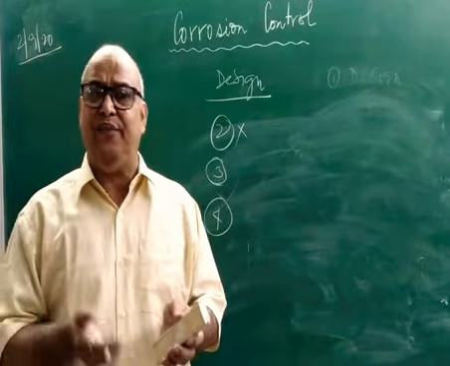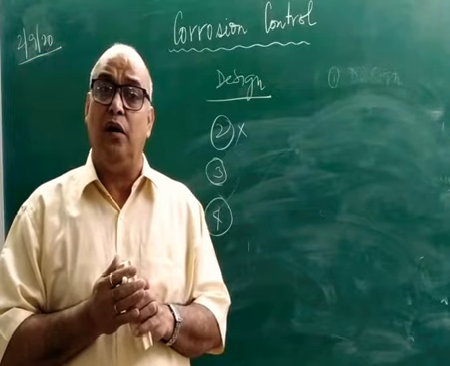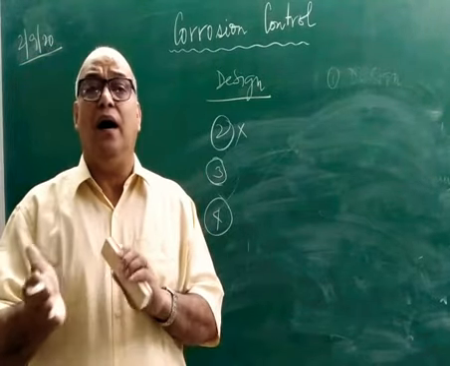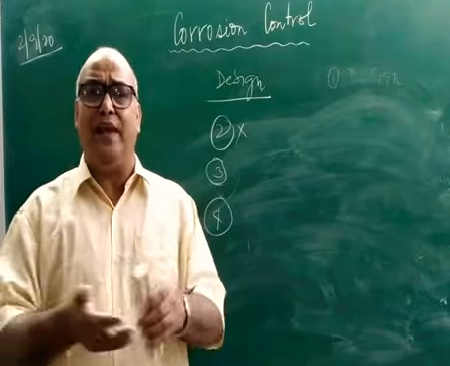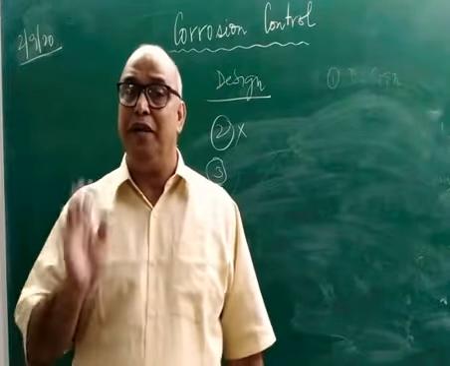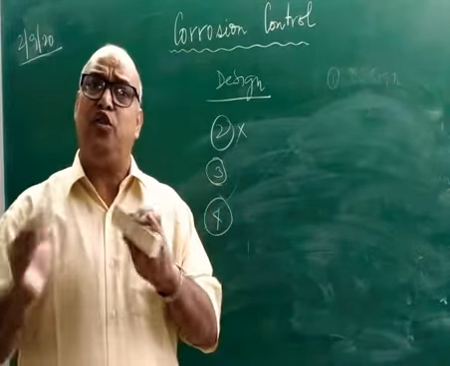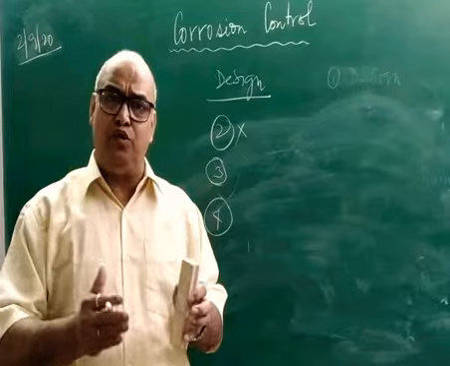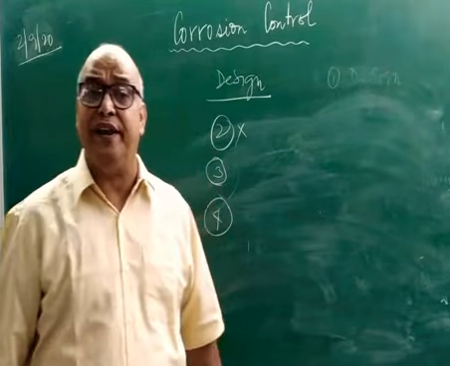As we know, if the cathodic area is small, where the demand for electrons will come, the supply of electrons by the anode will be minimum, and therefore the rate of corrosion will be minimum. So we have to ensure that the metals used provide a larger anodic area and a smaller cathodic area.